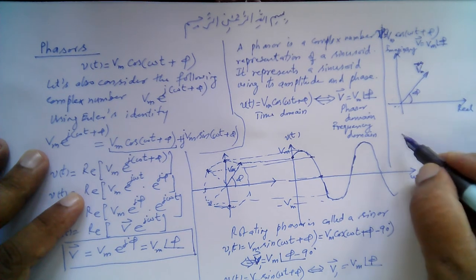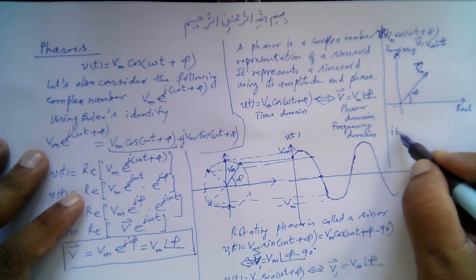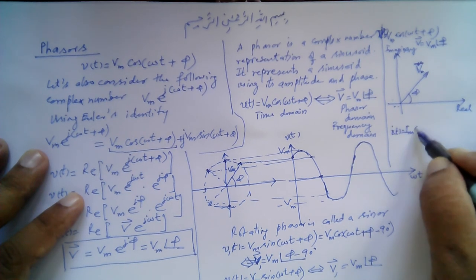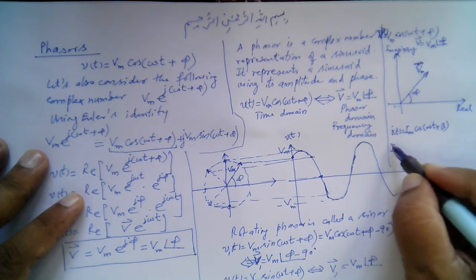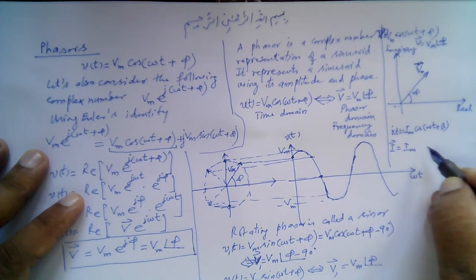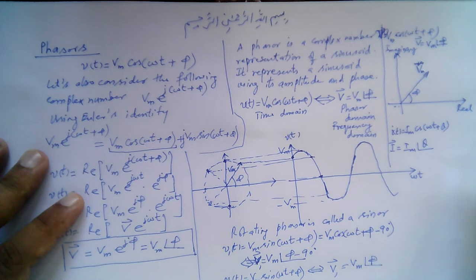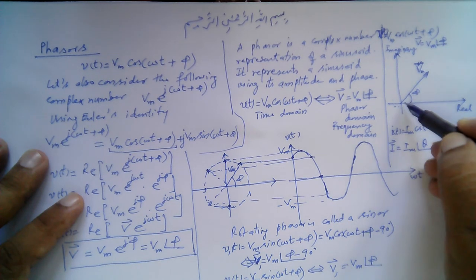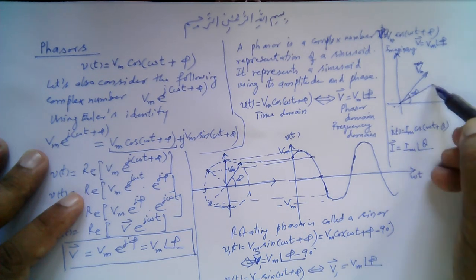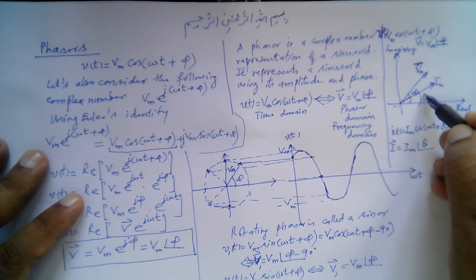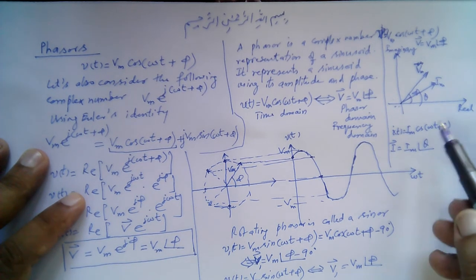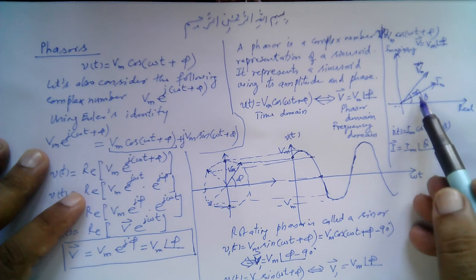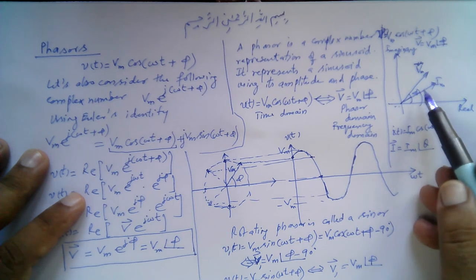And if we have another, for example, current, i(t) is equal to Im cos omega t plus theta, and in the phasor domain this will be written as Im angle theta. So we can plot I also here, for example, like this. So this is Im and this angle is theta. A related concept is the leading or lagging of either of these functions.